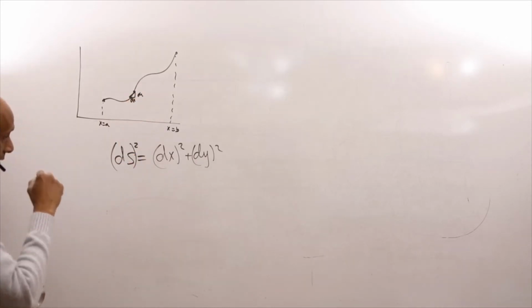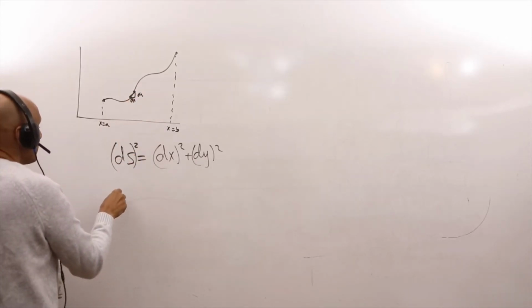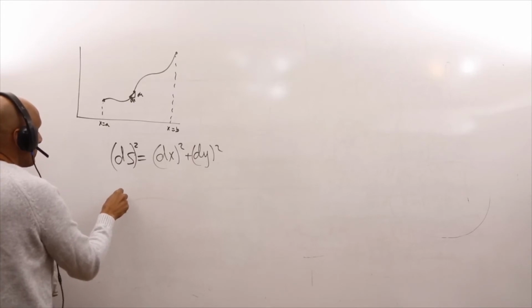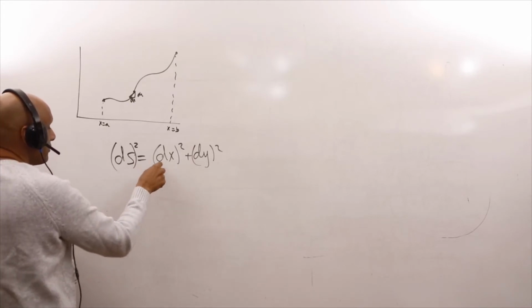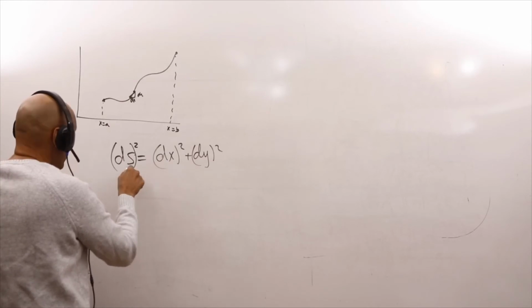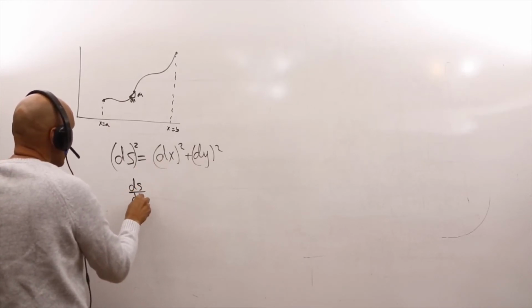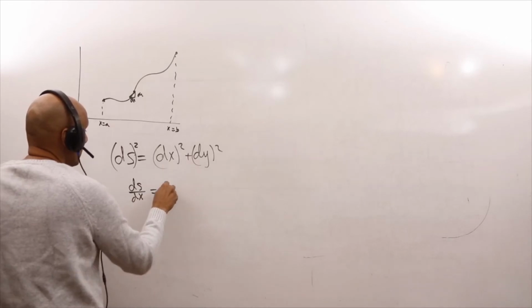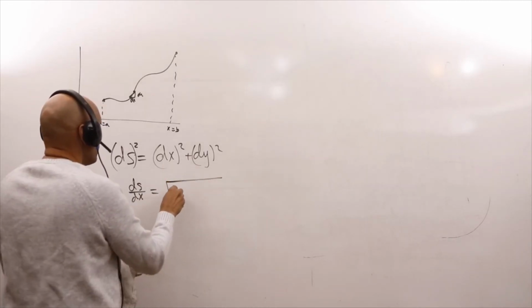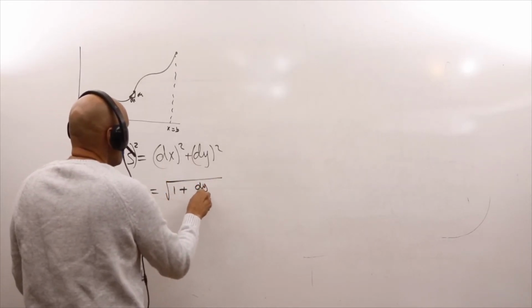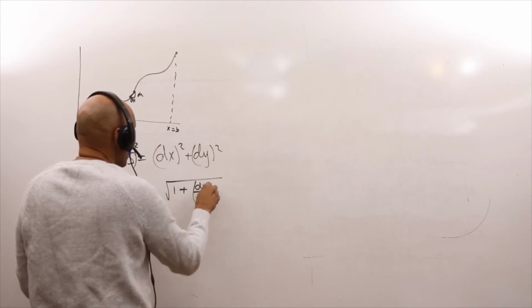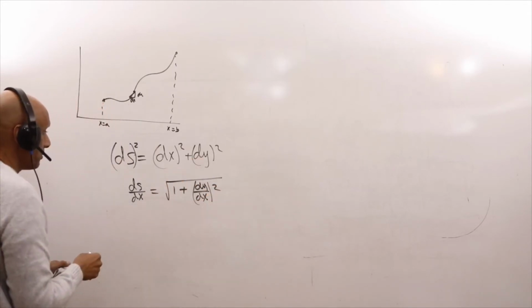This is the Pythagorean theorem. So if I divide by dx on both sides, we get ds/dx is equal to the square root of 1 plus (dy/dx) squared.